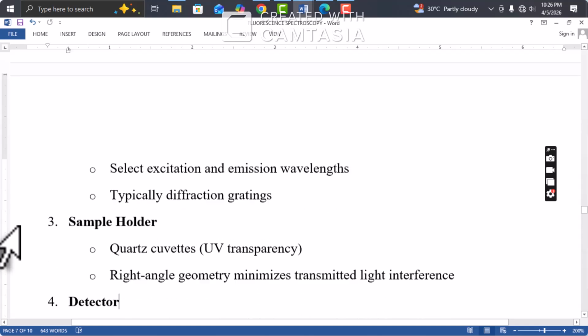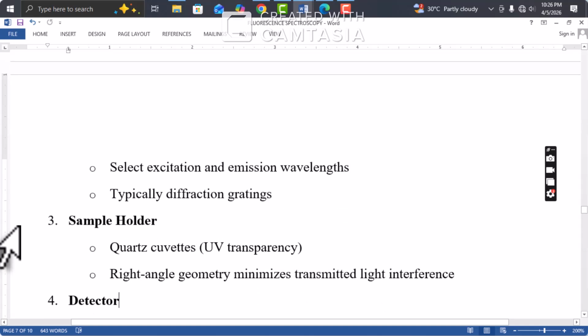Next is the sample holder. The sample holder is usually a quartz cuvette. The cuvette is the holder where you have the fluorescent sample. You have right angle geometry, so that it minimizes transmitted light interference.